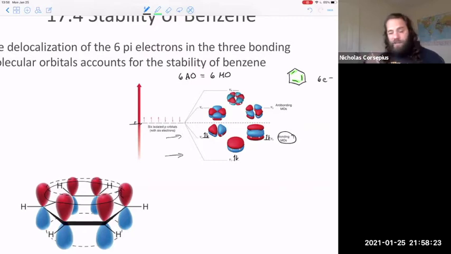Remember, as you go up in energy, there are nodes introduced. That's what's being pictured here. We have a node here and a node here. To be honest, the quantum mechanical explanation as to why there are those nodes is really complicated, so I wouldn't worry about that. The goal here is to learn how to draw these molecular orbital diagrams.